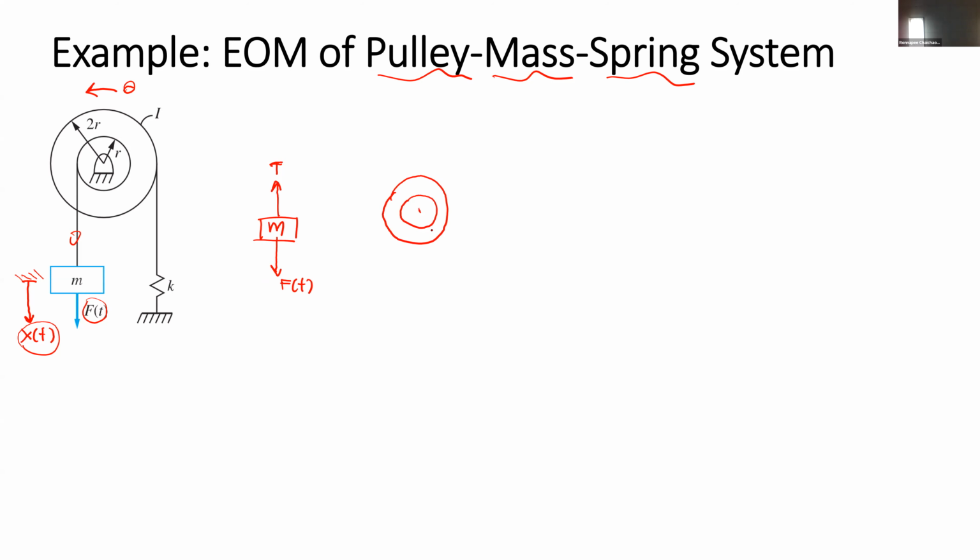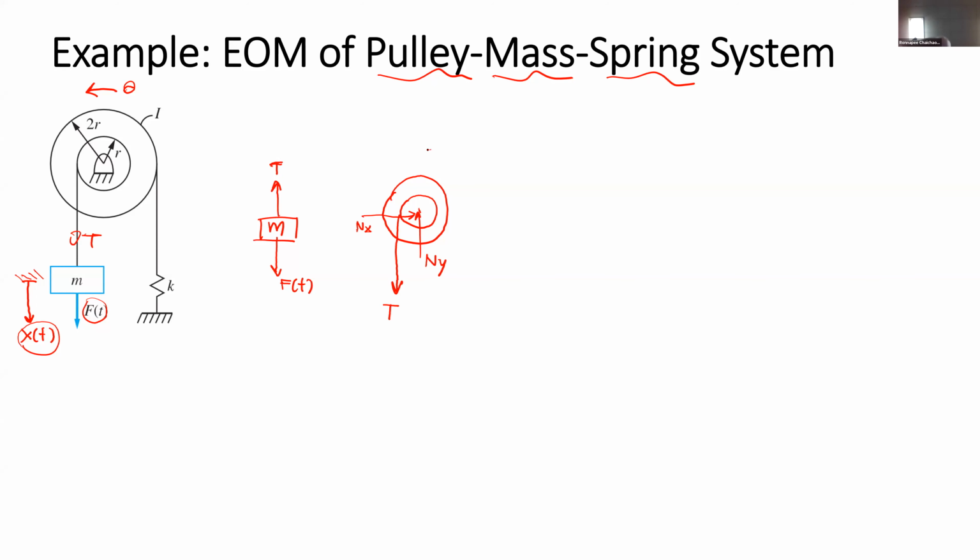The pulley is supported by the force at the center. It may have Ny in the vertical and Nx in the horizontal direction, but everything is supported at the center of the pulley. And the tension T in the cable that pulls the mass upward acts in the opposite direction on the pulley, so it tries to pull the pulley downward with the magnitude of T.